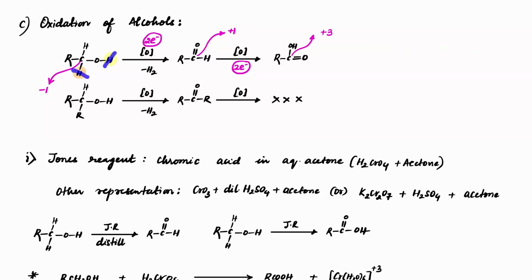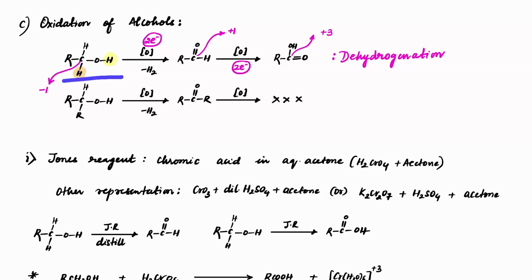Removing these two hydrogens makes it dehydrogenation. So the reaction type is dehydrogenation, and it is the dehydrogenation which causes the oxidation.